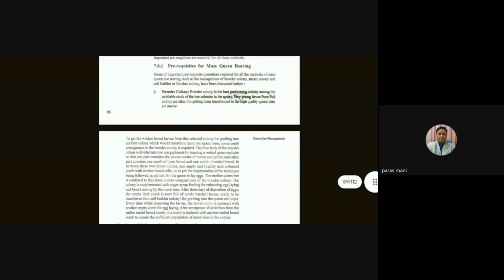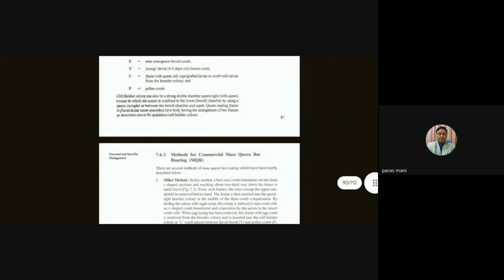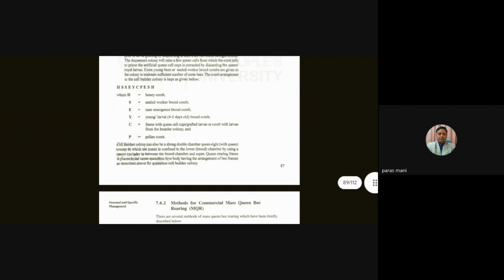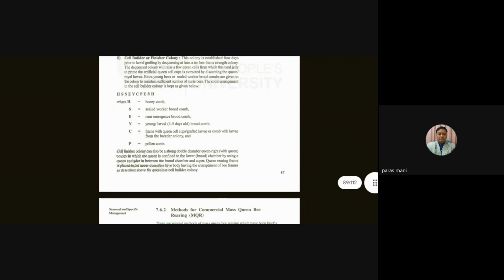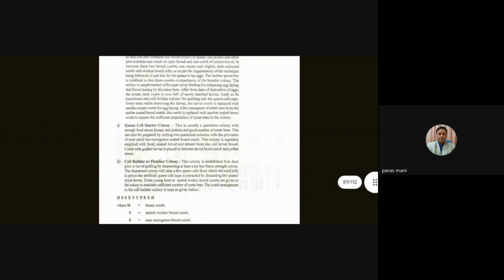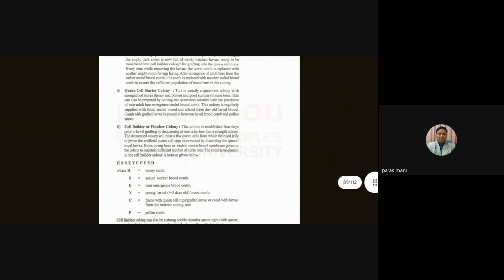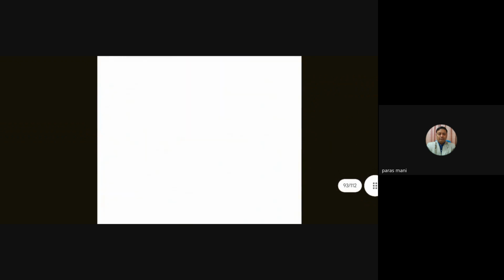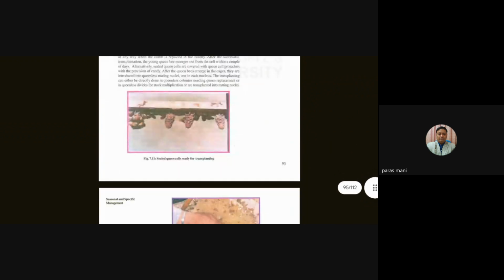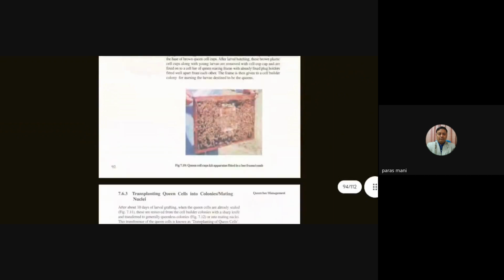And they given prerequisite, okay, 3 methods. Then different methods for rearing commercial queen bees. Next one is transferring it to the colonies where it is essential.